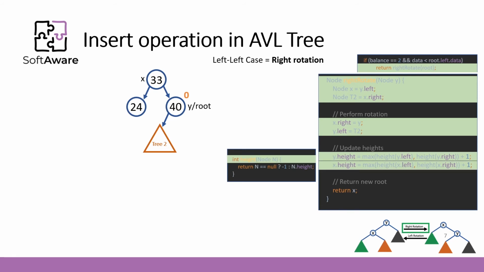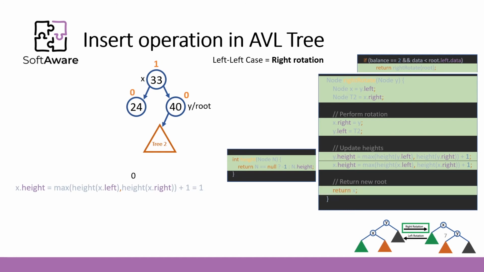And height of x will be +1 since maximum will return 0 and +1 will return +1 as height of x. And now we have all nodes connected to x, so we can return x as our new formatted AVL tree.